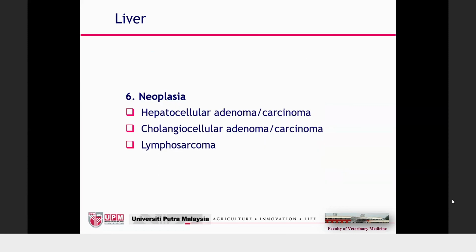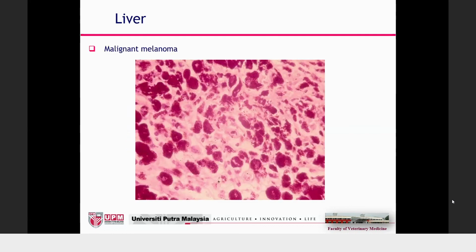Then we have neoplasia, which can be hepatocellular adenoma or carcinoma, and involving the bile duct, cholangiocellular adenoma or carcinoma. Of course, for the systemic one, we have lymphocytoma. With malignant melanoma, you can see the black color, but not all the time.